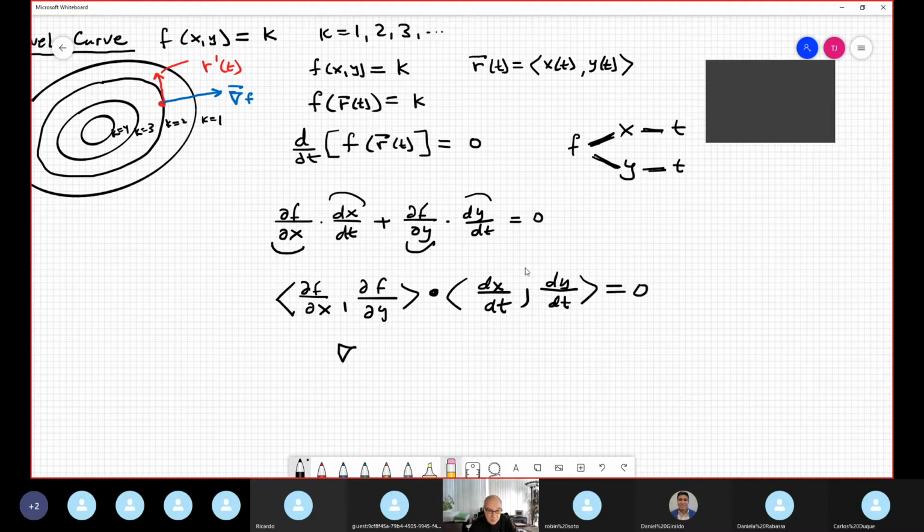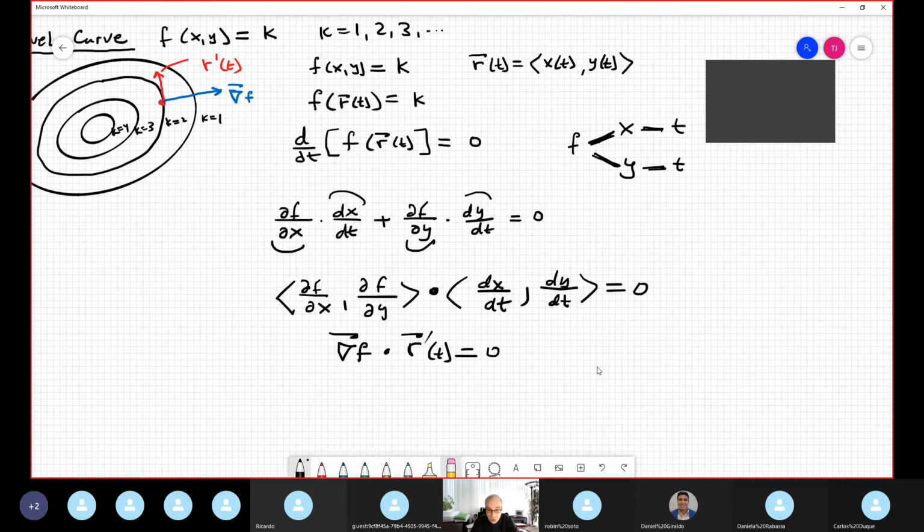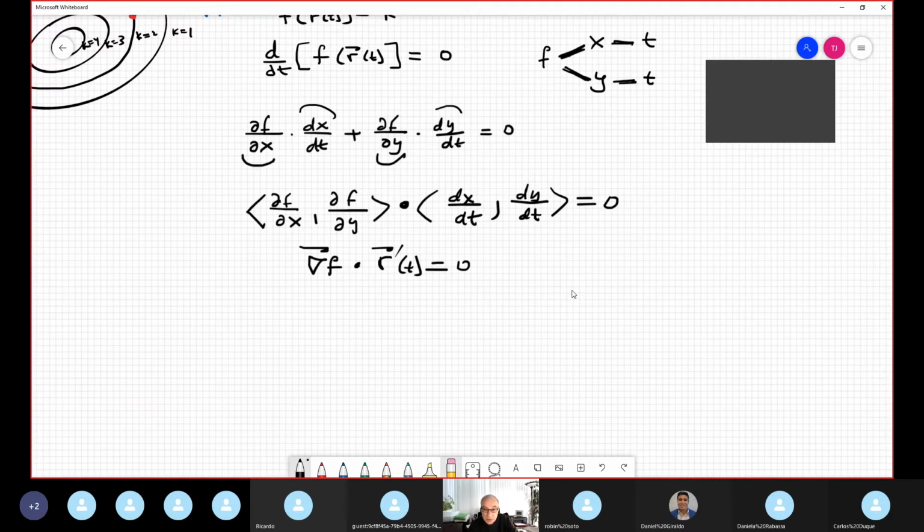This is the gradient, and this is the tangent vector, the velocity. When one dot product is equal to 0, it is because these vectors are orthogonal, 90 degrees. So the gradient is always perpendicular to the tangent vector.